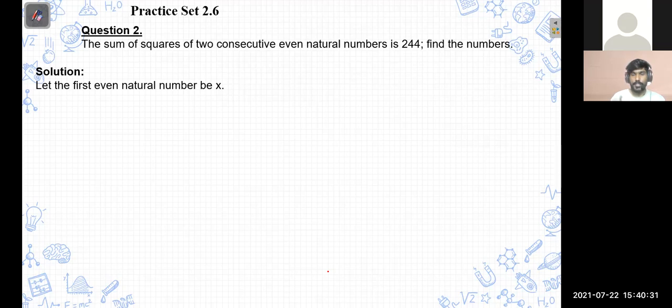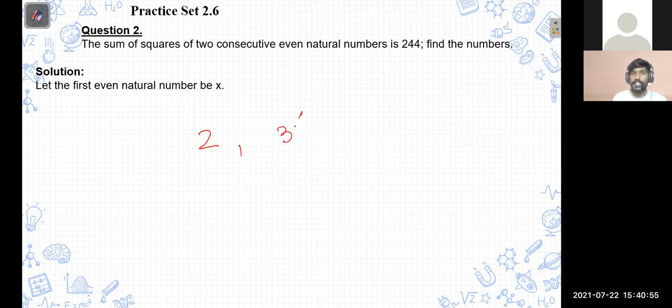Any idea? If the first number is x, what is the number after x? Let me give you an example. If the first number is 2, what will be the number after 2? 3.